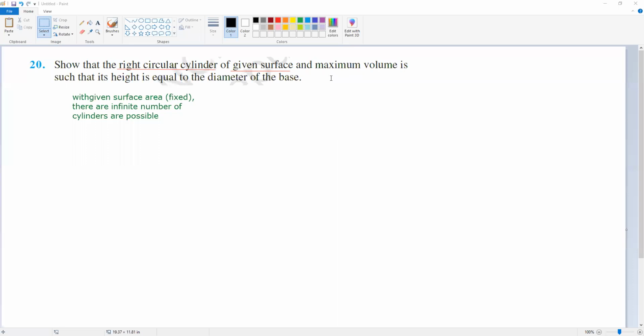To understand quickly, I said, suppose area of rectangle. This is not related to this question, but suppose the area of a rectangle is fixed, say 12 centimeters square. So we can have different rectangles.